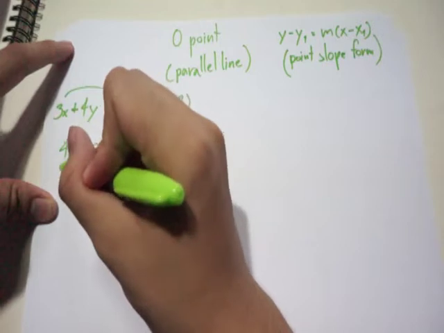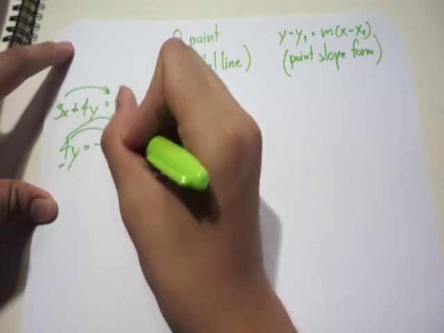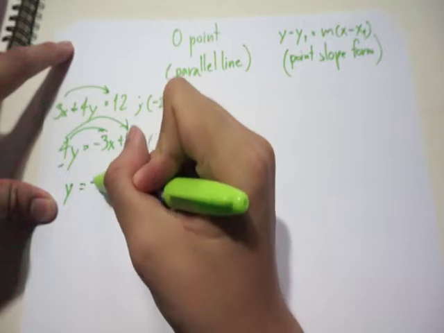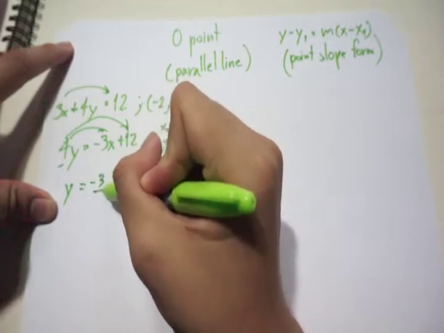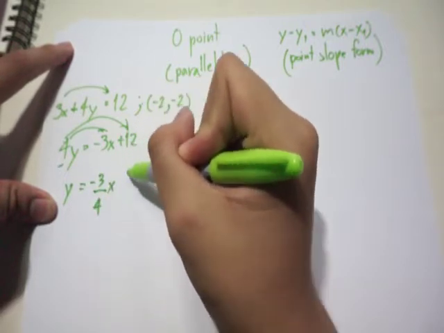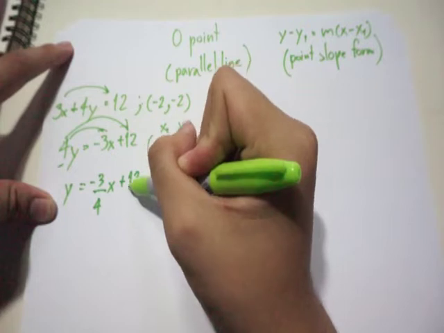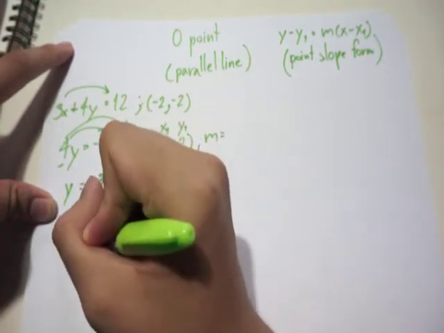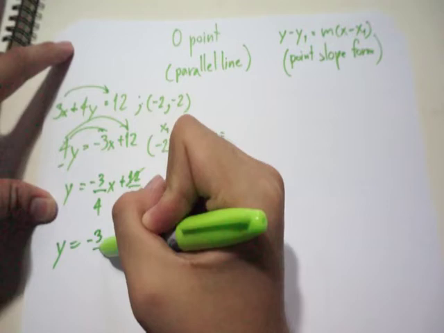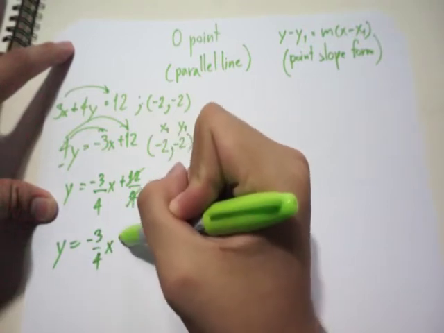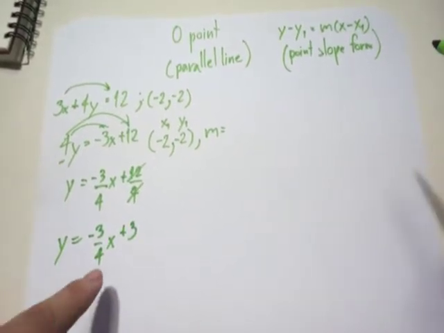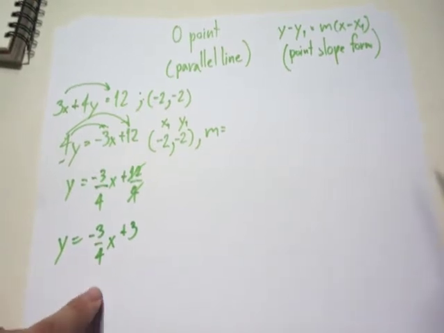And then we divide both sides by 4, which will be y equals negative 3 divided by 4 x, and then 12 and 4 is divisible, which will be something like this. And now we found the y form and we can figure out the slope of it.